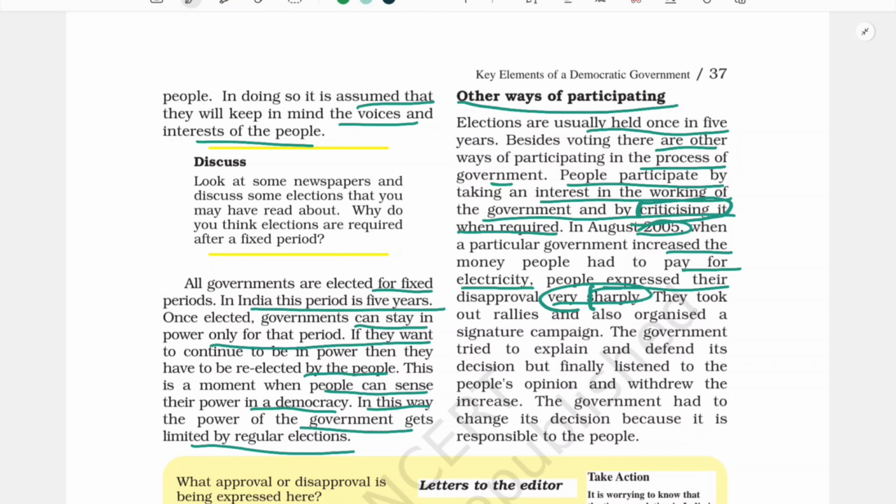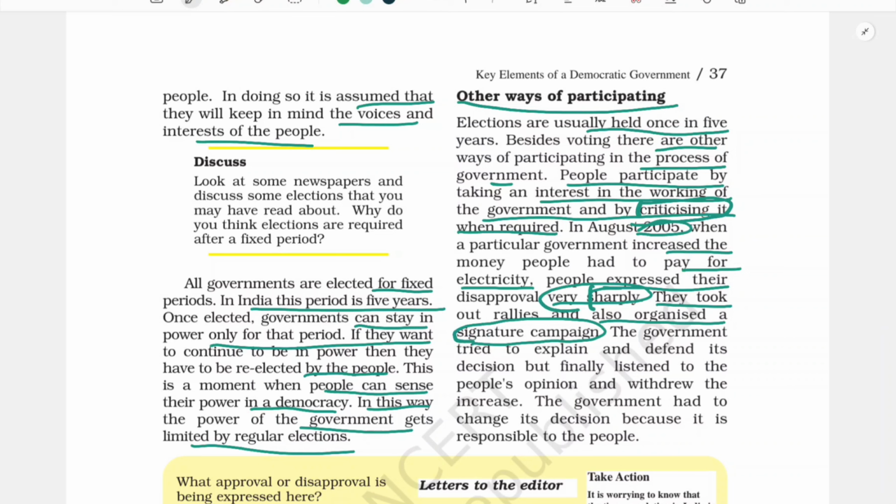So here the government increased the rate. People do not like it, so they disapproved of it. So what did the people do? In order to show their disapproval, they took out rallies and also organized a signature campaign. A signature campaign means taking the signature of each and every person who is not willing to pay that amount, or who is not willing to follow that particular rule.